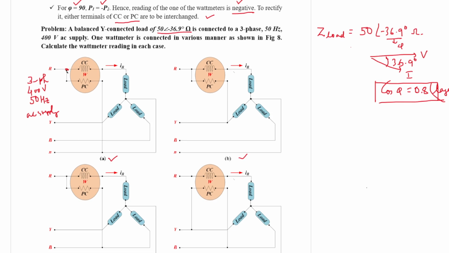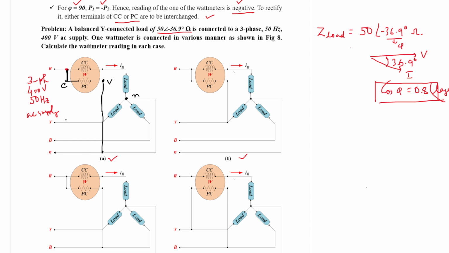So this is the C terminal and this is the V terminal. The pressure coil has been connected across the R and N terminals. This is the N terminal, the neutral wire, and this is the neutral point from where it is connected.